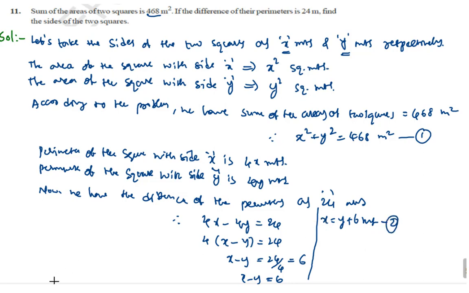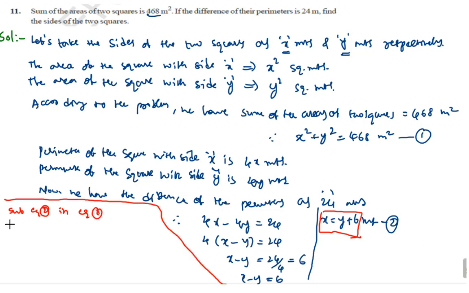So here we get x equals to y plus 6. If we substitute equation 2 in equation 1, that means if we substitute y plus 6 in the place of x, we get the equation in variable y. Substituting equation 2 in equation 1, in the place of x we write y plus 6.